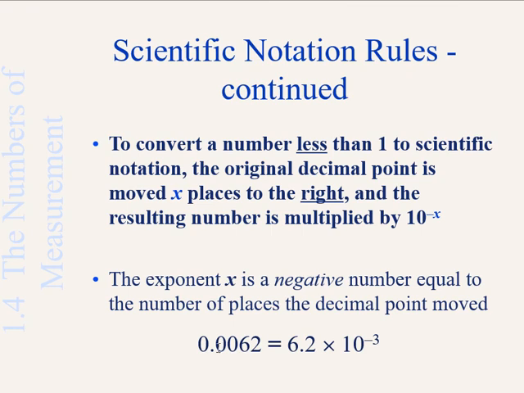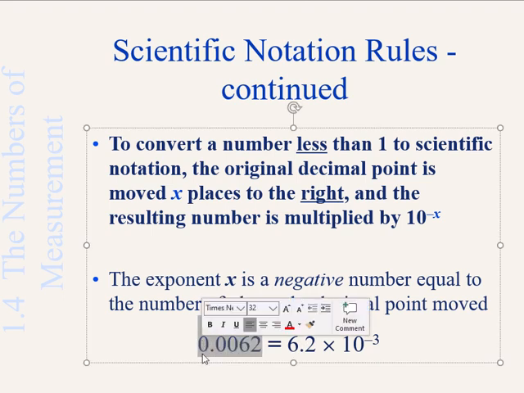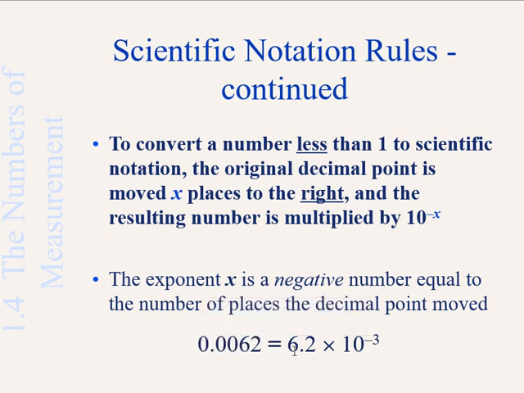So here we have this number, a small number, and when I am converting it to scientific notation, I am converting my original number to this coefficient between 1 and 10. So the original number here is less than 1, and since my coefficient can be only greater than or equal to 1 and less than 10, it must be 6.2.